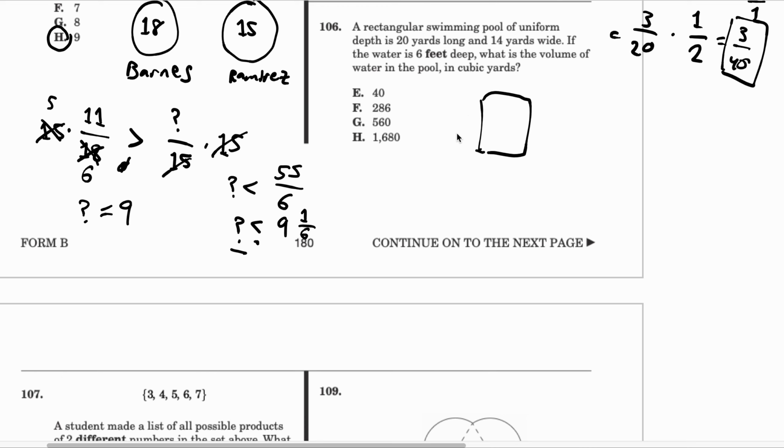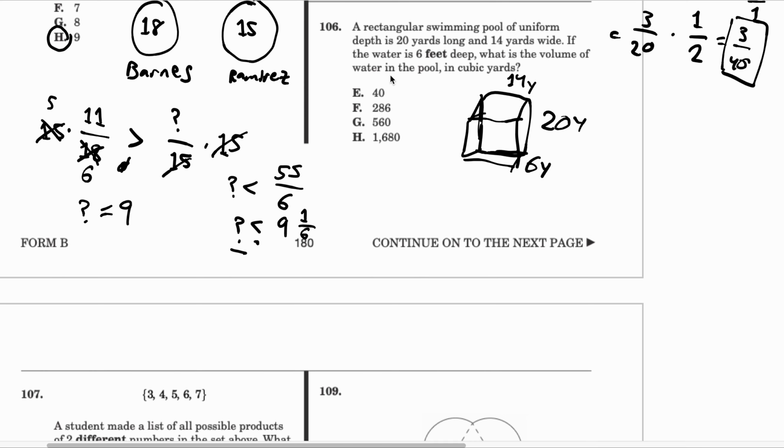Because we have our length here, our width here, and then a depth of 6 feet. So this depth dimension is 6, the length is 20, and then the width is 14, and this is all in yards.